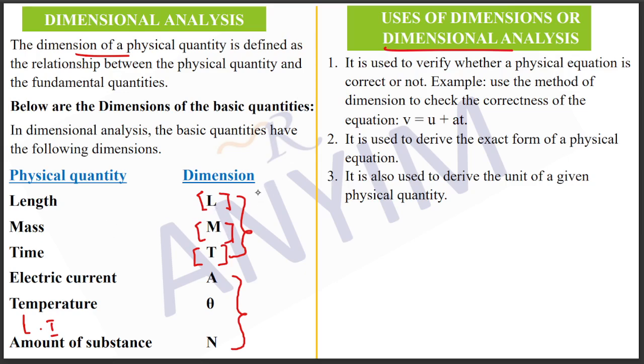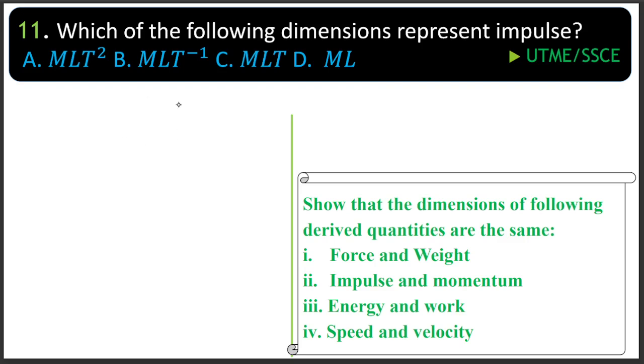All right. Okay, so this question says, which of the following dimensions represent impulse? Now, you start with the formula first, and then you get the unit, and of course the dimension. So impulse is force times time, and force is mass times acceleration.